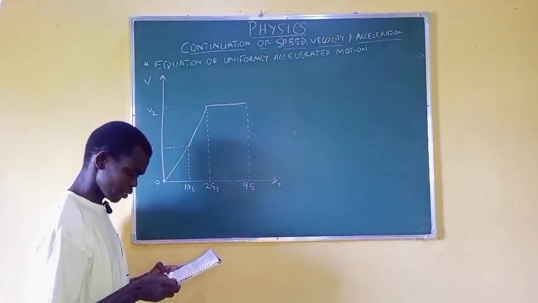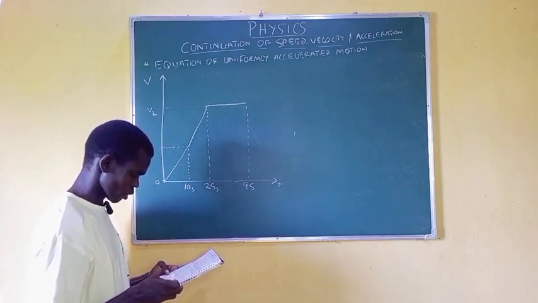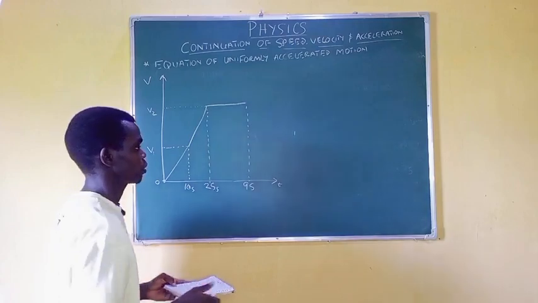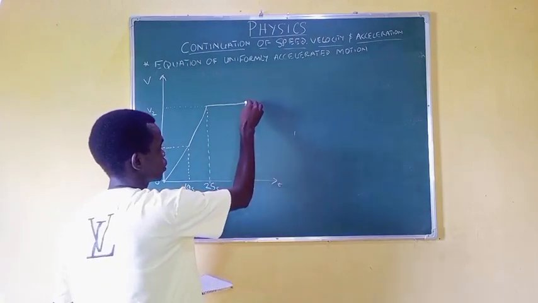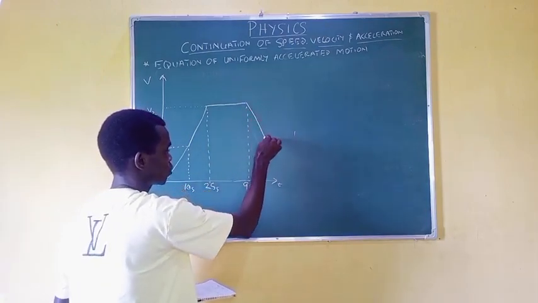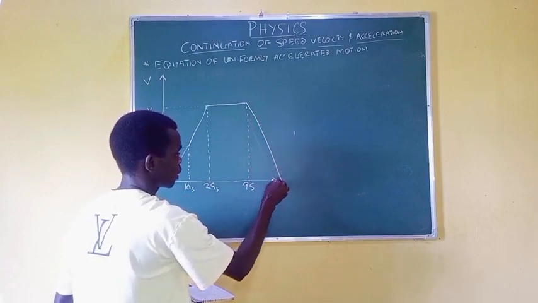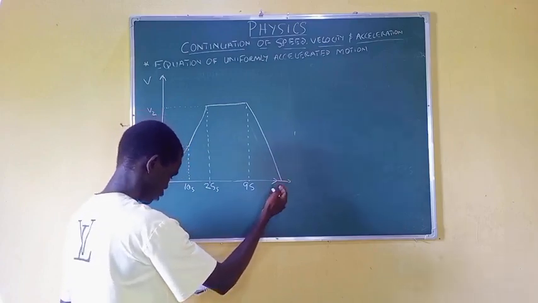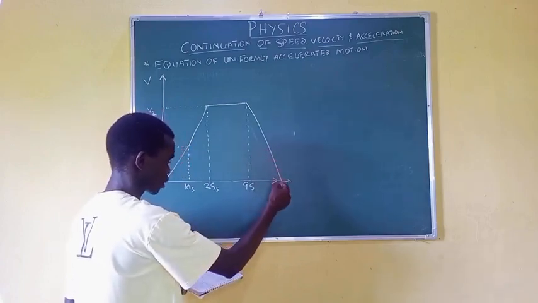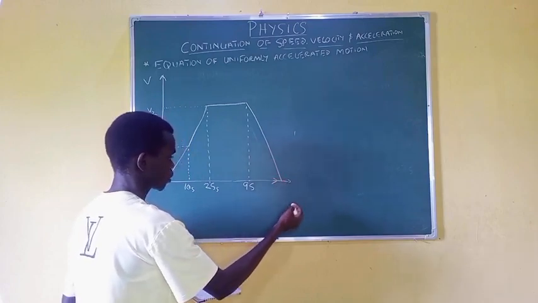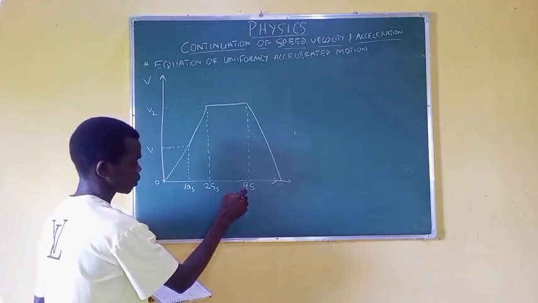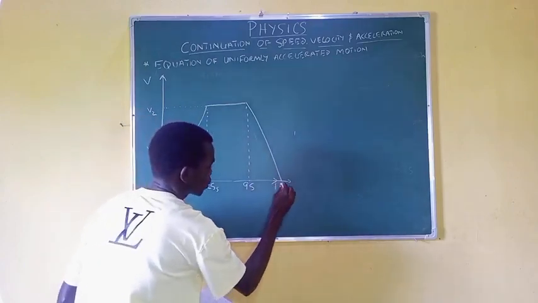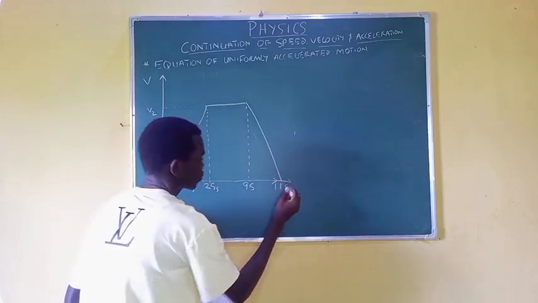And finally it comes to rest in 20 seconds. Finally, it comes to rest, that is, it returns to the horizontal line in 20 seconds. 20 plus the previous time gives the total time for the journey.